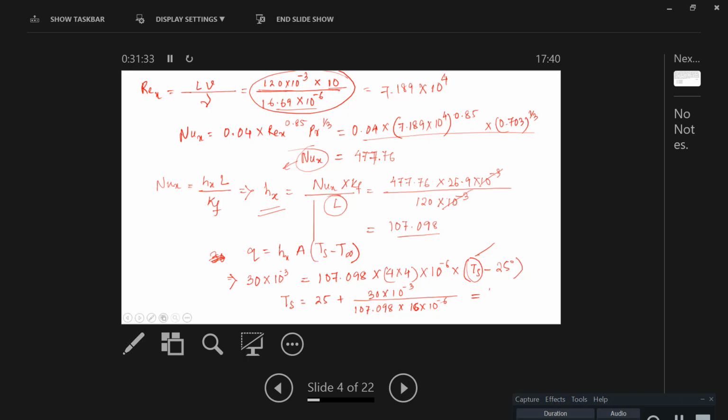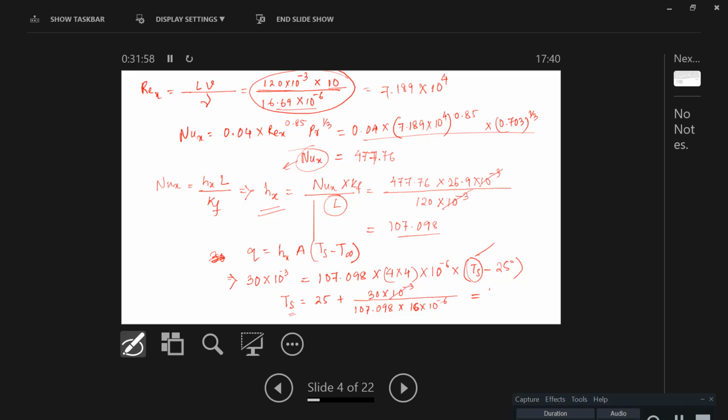Yes, 4.4 multiplied by 10 raised to minus 3. That is the value for Ts. 69.81. 69.81. Okay, but I'm getting something else.